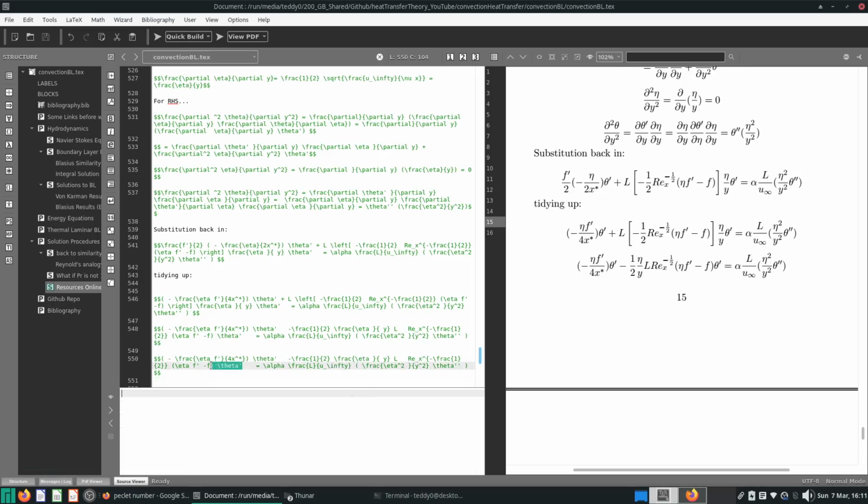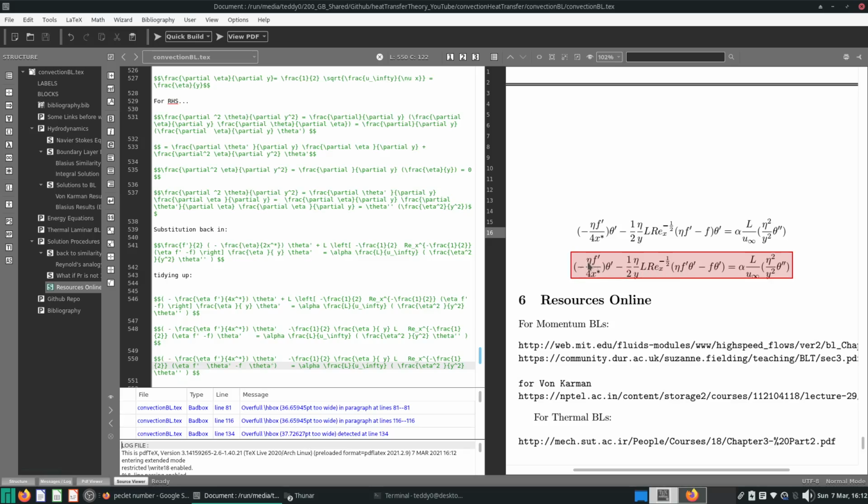Let's multiply the theta prime in, and we'll see it looks like this. So what do we have? We have eta f prime theta prime, eta f prime theta prime. So this one we can do a little bit of factorization.